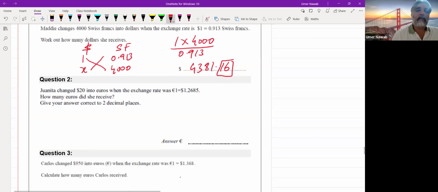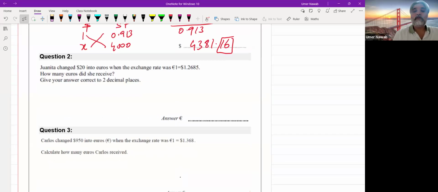Try to write your answer to 2 decimal places. In the case of money, since we are talking about currency here, that's why I wrote my answer to 2 decimal places. Sometimes the examiner will mention that you have to write to 2 decimal places. But if he doesn't mention it, it's better to keep your answer to 2 decimal places.